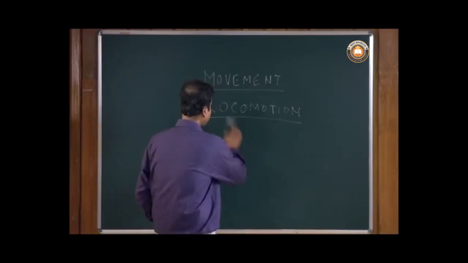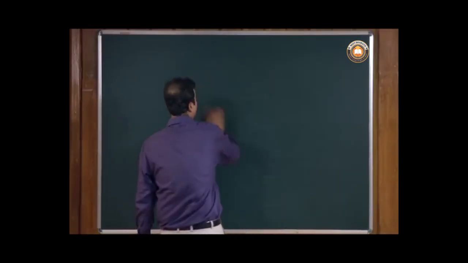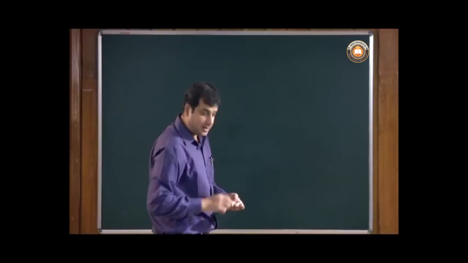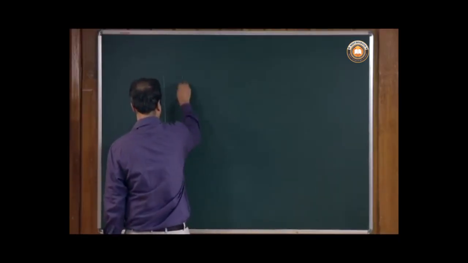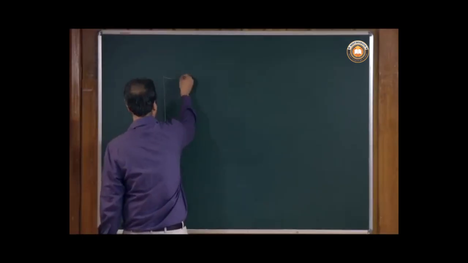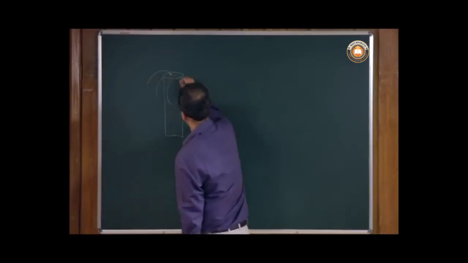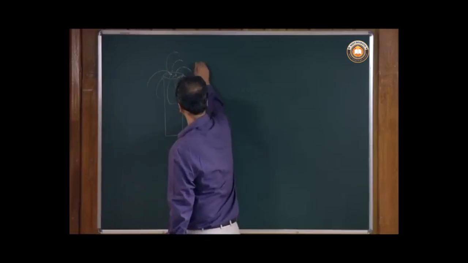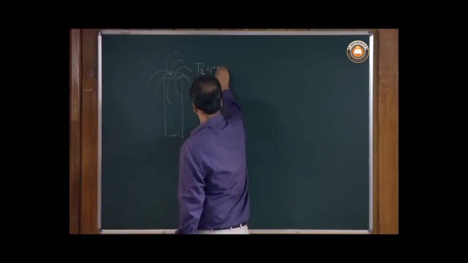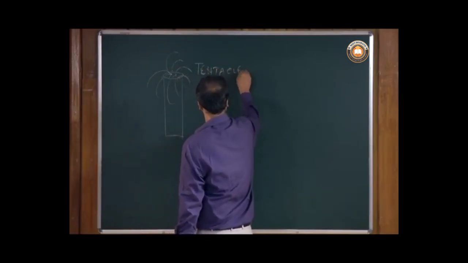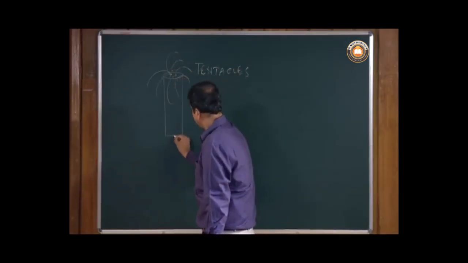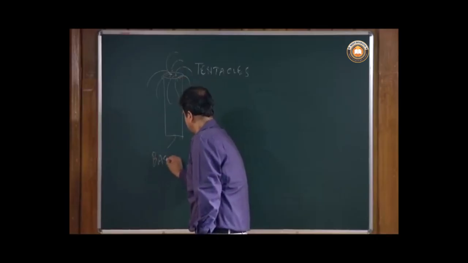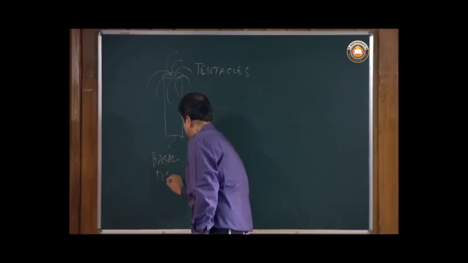Now, if we look at what is happening in hydra, suppose this is a hydra which has a mouth, and then we have tentacles on the top, and then the basal disc.